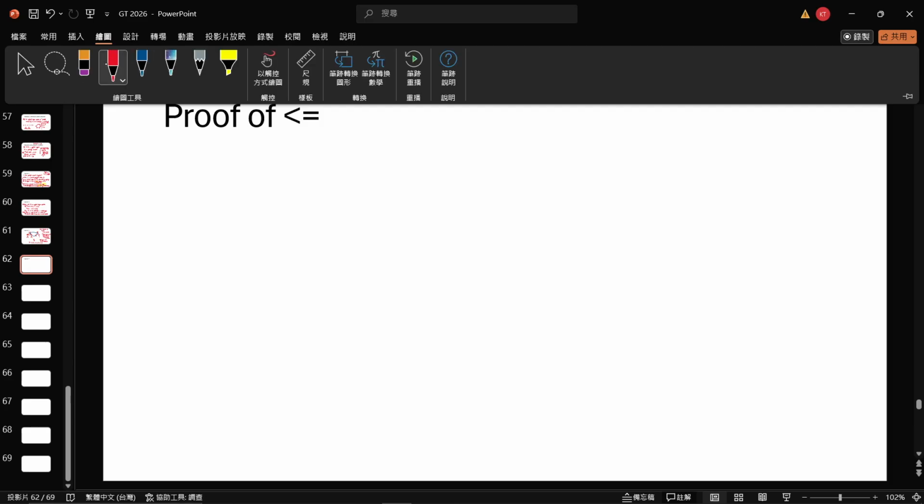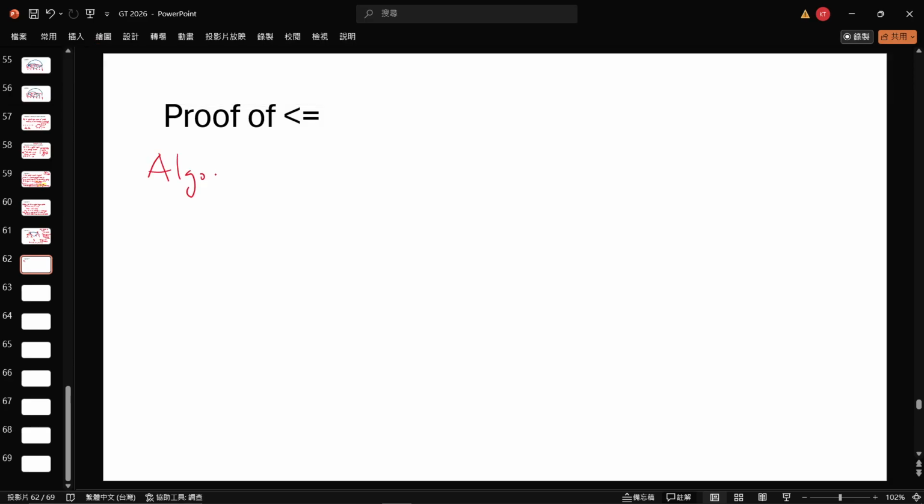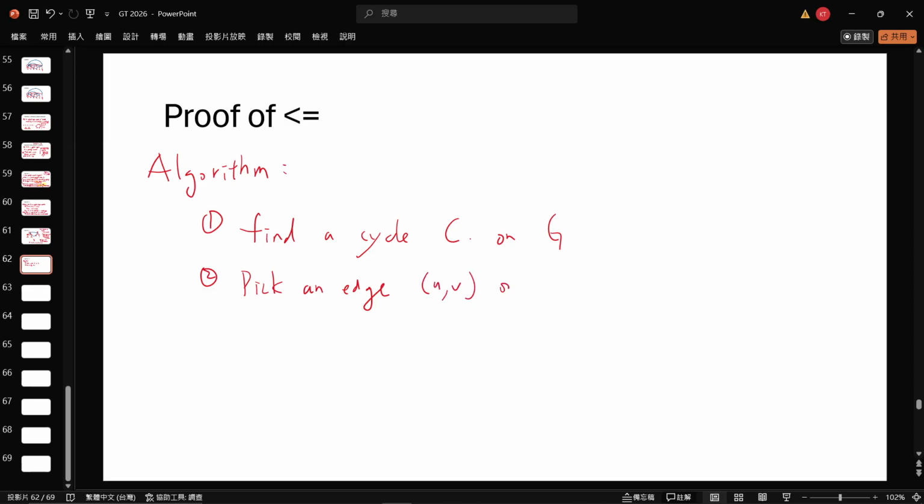So find a cycle C on G, and pick an edge. Let's call it UV on C. And pick another edge.